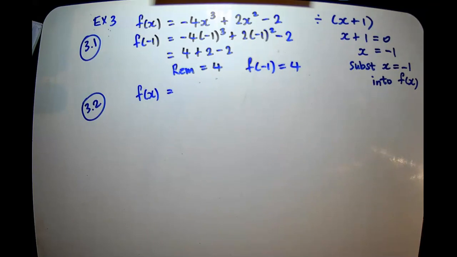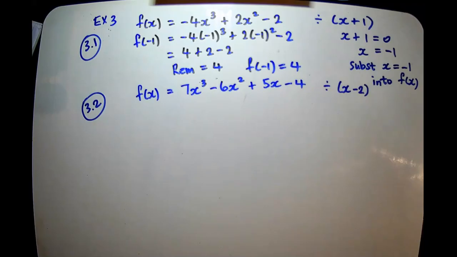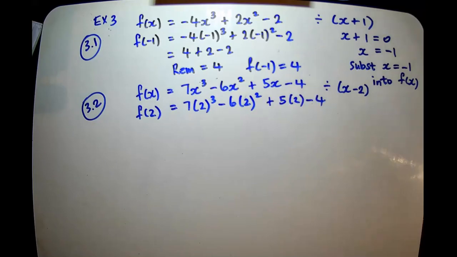3.2. f of x is equal to 7x to the third minus 6x squared plus 5x minus 4 divided by x minus 2. x minus 2, we will let it equal to 0 so that we can solve for x. So we're going to substitute f of 2 into the equation. 2 to the power 3 is 8. 2 to the power 2 is 4.